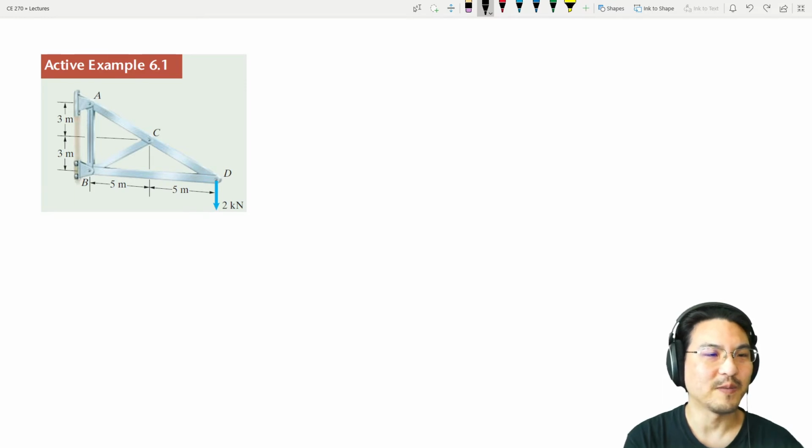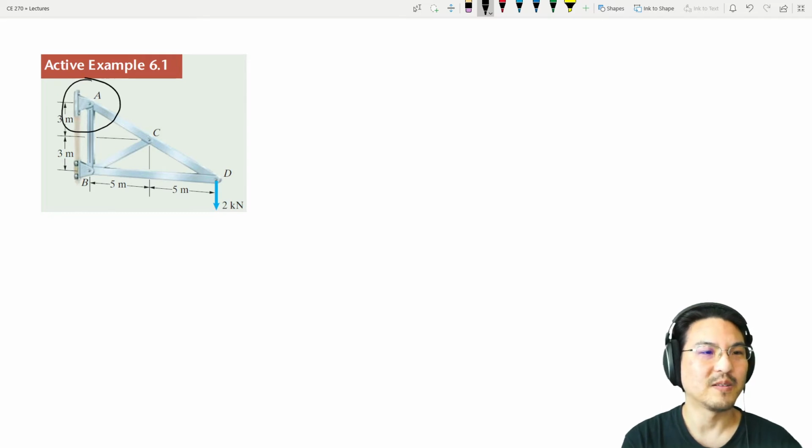So let's say for joint A, imagine you cut it like this. Here's joint A, like there was a bar here and a bar here, but I cut it like this.